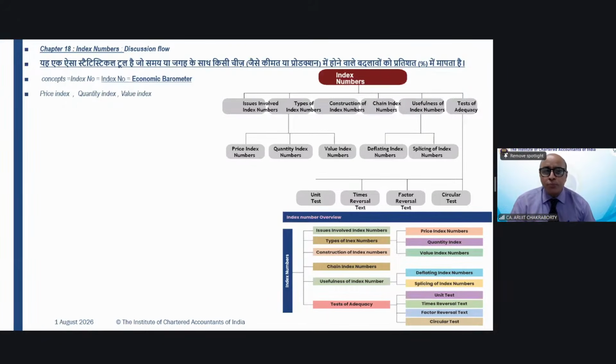Every day, if you open, say, for example, the business page of any newspaper, if you refer to any website on India's economic situation, or even if you look at the RBI website, you will see that these terms, consumer price index and wholesale price index, are continuously calculated by the government every month. That means the movement in the index is a matter of continuous evaluation by the government. This shows the importance of index numbers from the economic point of view.